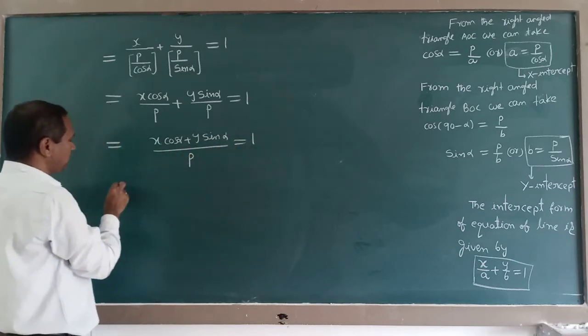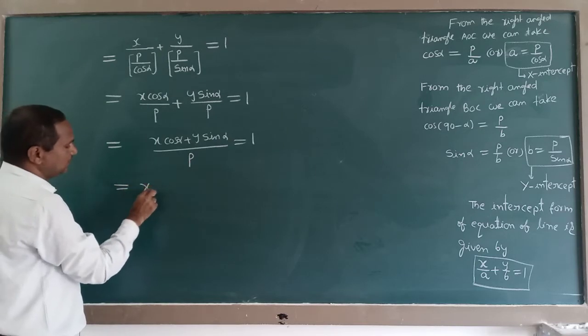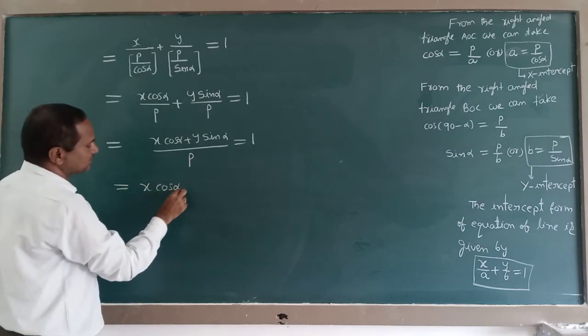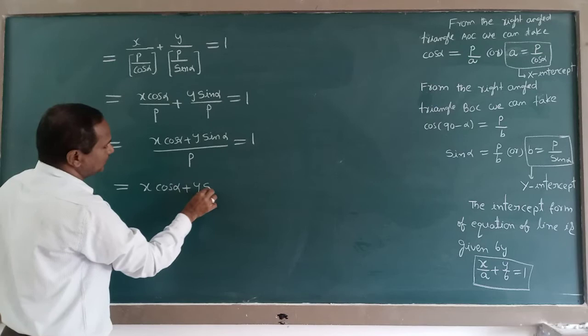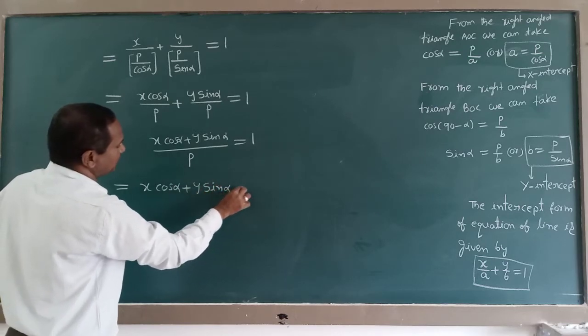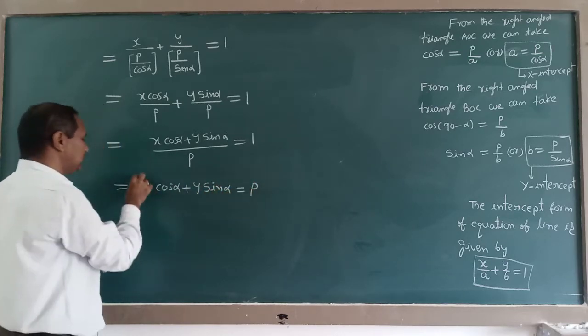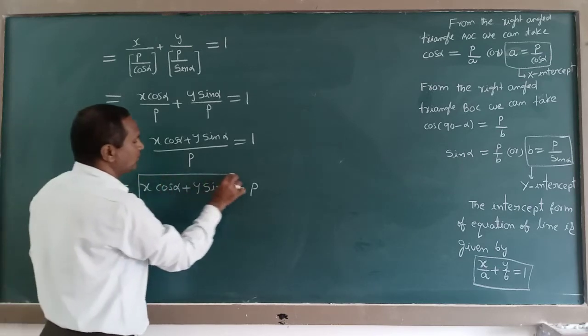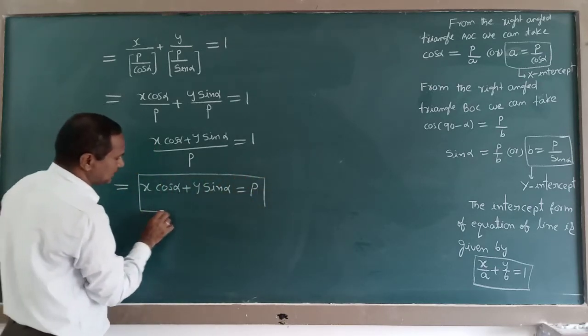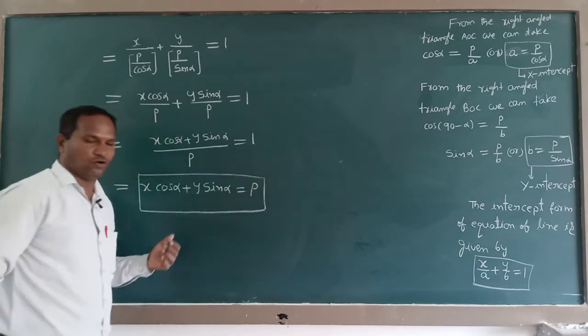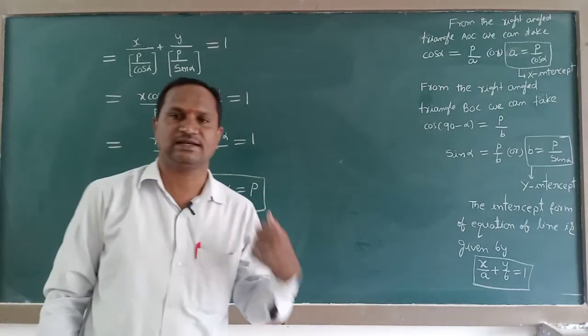Take cross multiplication, then you will get x cos alpha plus y sin alpha is equal to p, which is our required equation of normal form of straight line. This is called the normal form of equation of straight line.